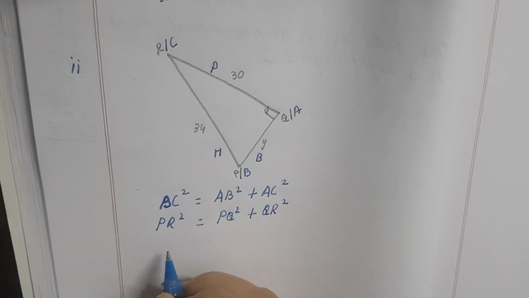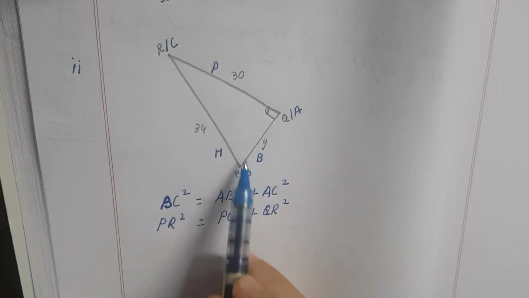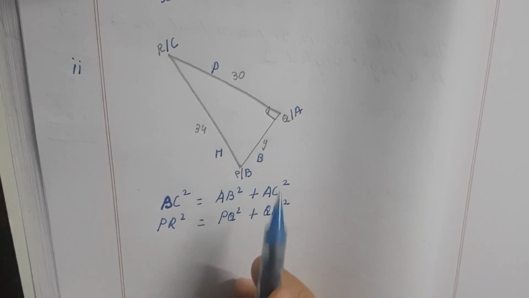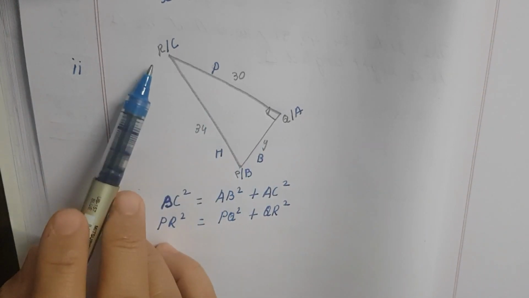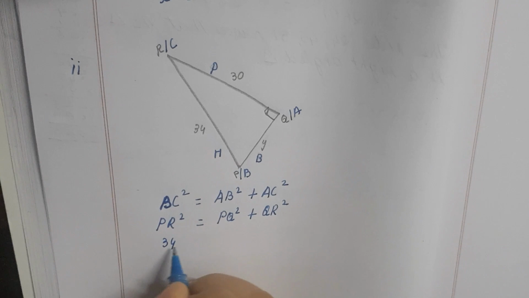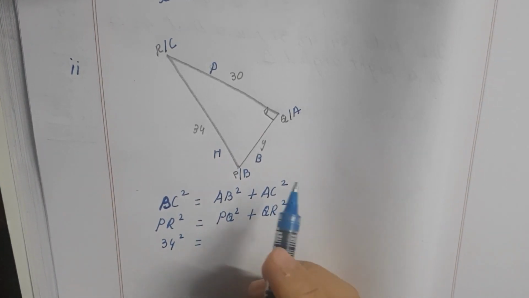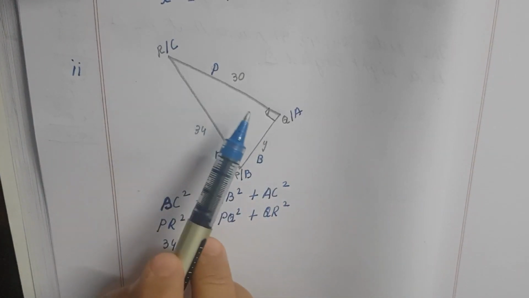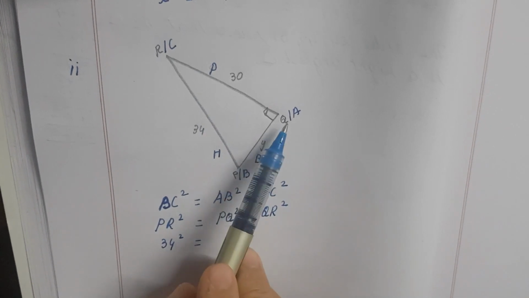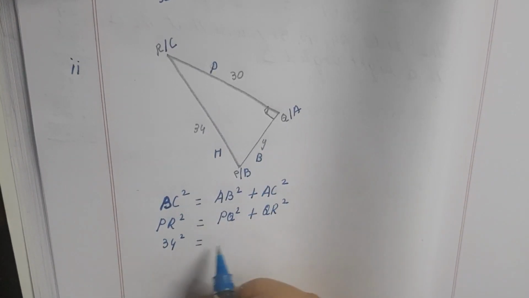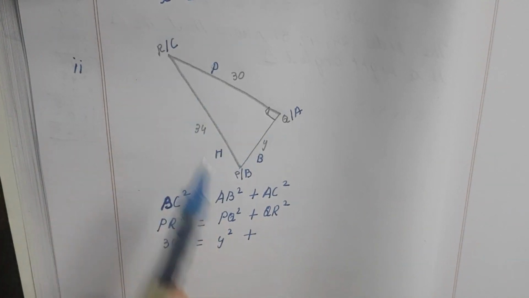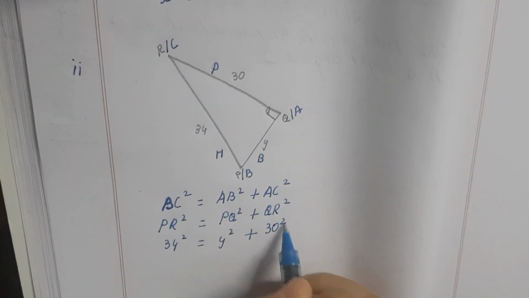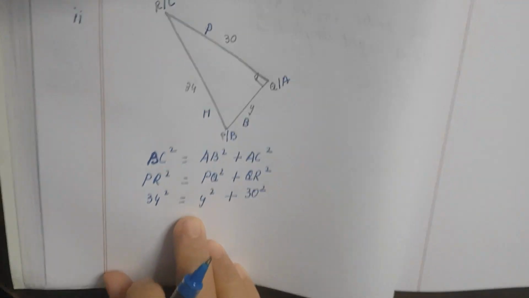So இந்த sum-ல் வந்து we have to find out what is the base. So PQ square தான் கண்டுபிடிக்கணும். So PR வந்து பாருங்கள். So this is P and this is R. So that is 34 square is equal to PQ square, this is P and this is Q. So அதுதான் நம்ம கண்டுபிடிக்கணும். So we'll take it as Y square plus QR square is 30 square. Okay, so இப்போ நம்ம Y square தான் கண்டுபிடிக்கணும் இல்லையா.